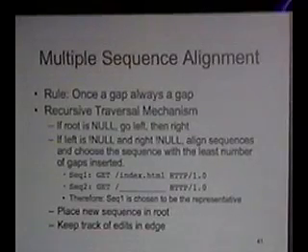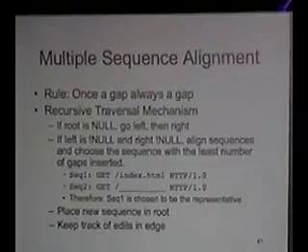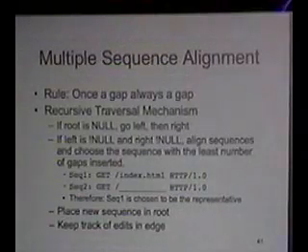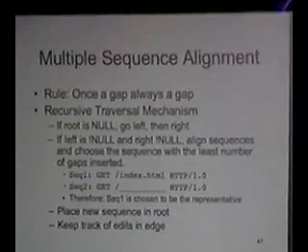If the left is not null and the right is not null, which signifies that there are sequences on those two leaf nodes, you align those two sequences. You choose the sequence with the least number of gaps inserted. That's just what got me the best results. I don't really know if that's kosher in the bioinformatics world, but from my experience, that resulted in decent alignment. So in this case, we align sequence 1 and sequence 2. Sequence 1 is chosen to be the representative because there were not as many gaps inserted.